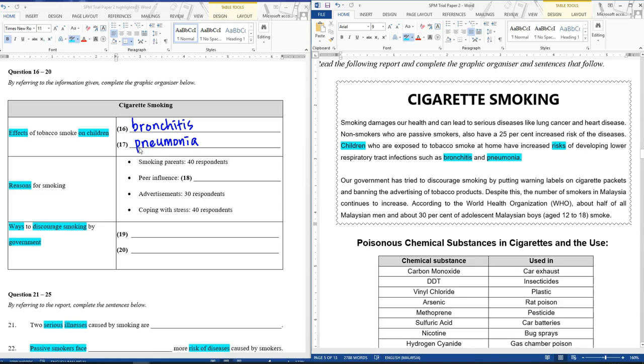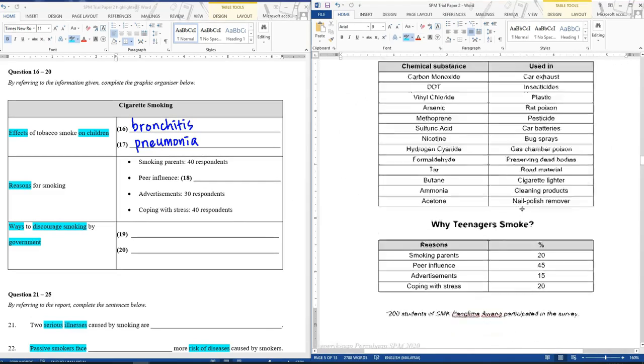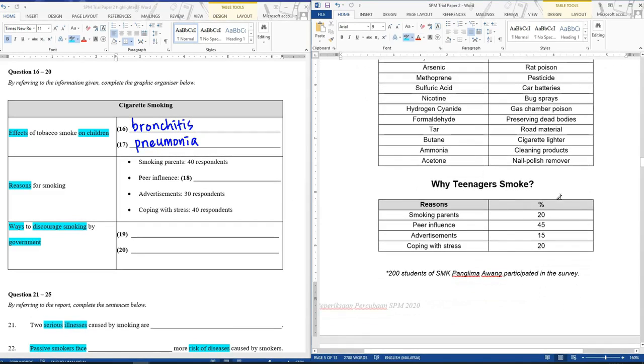Alright, so we are moving on to the next part, which is reasons for smoking. Alright, so reasons for smoking, if you remember correctly, it was somewhere in this table down here. Why teenagers smoke. Alright, so you are going to look for the keyword, okay? You're going to look for how many respondents talked about peer influence as the reason they smoke.